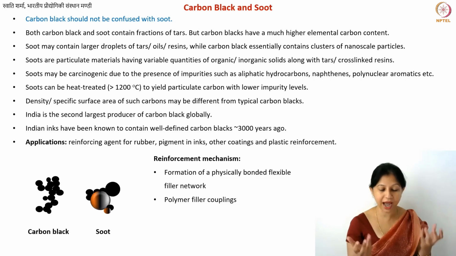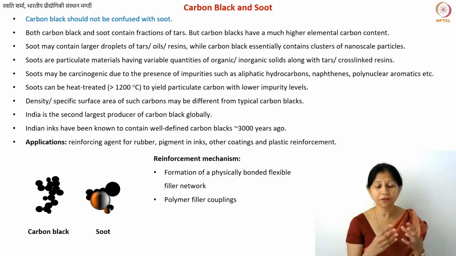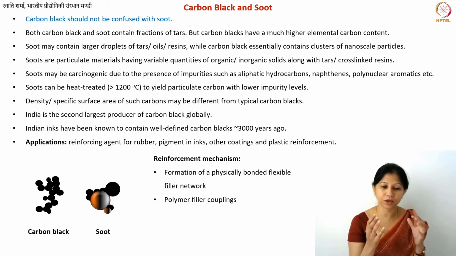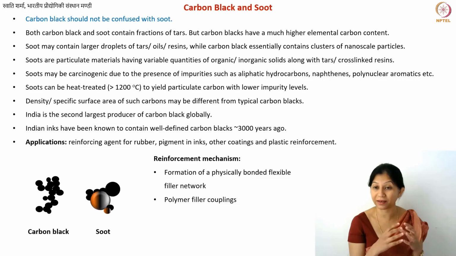In fact, there have been several studies where people have figured out the mechanism, because this material is a very high surface area material. Surface area is the most important thing when it comes to carbon black, and also it's lightweight, and because it is fabricated in the presence of oxygen, you can imagine that you will also have certain surface functional groups which will make it hydrophilic.